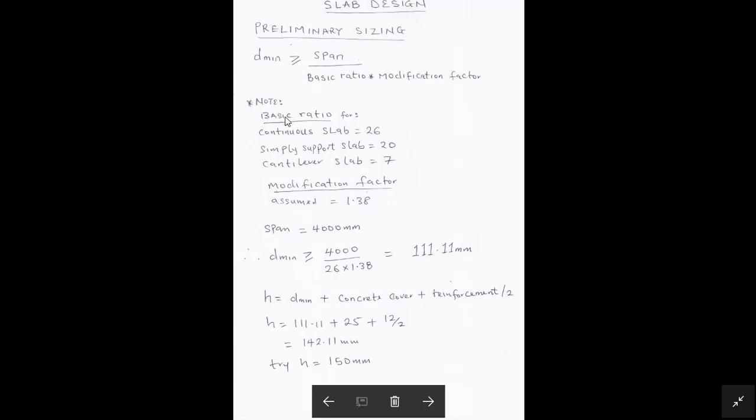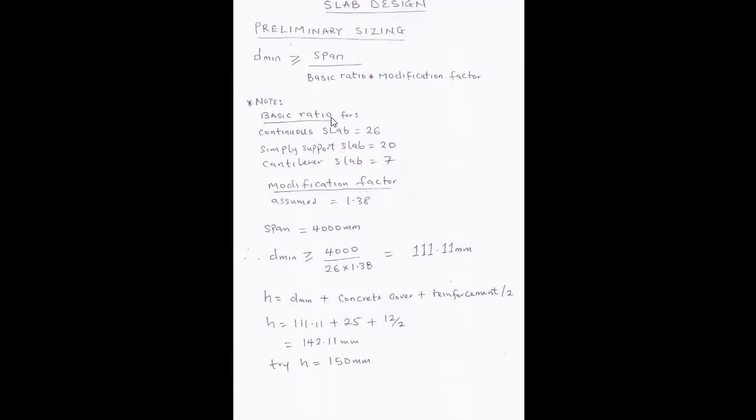Please note, the basic ratios for different supports vary. For a continuous slab, it is 26. For a simply supported slab, it is 20, and for a cantilever slab, it is 7.